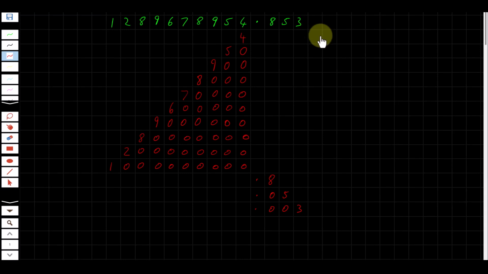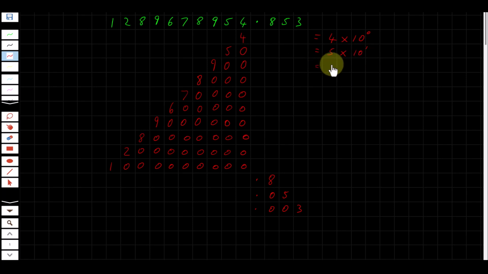So the 4 can be written as 4 times 10 to the 0. 10 to the power 0 is 1, 4 times 1 is 4. The 50 can be written 5 times 10 to the 1. 10 to the power 1 is 10, 5 times 10 is 50.